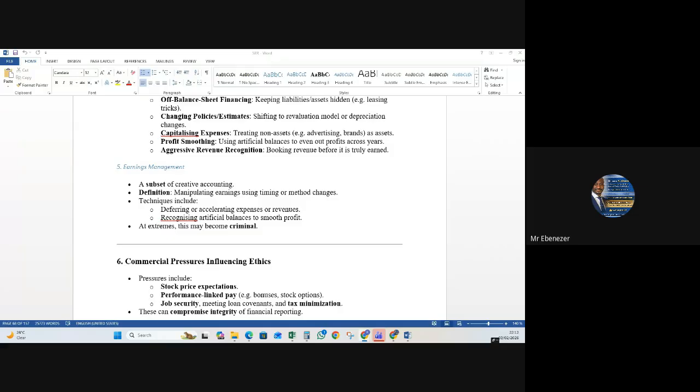That is earnings management. When you manage your earnings, you determine when to record them, the time at which you record your sales and revenue, and the method of recognition.